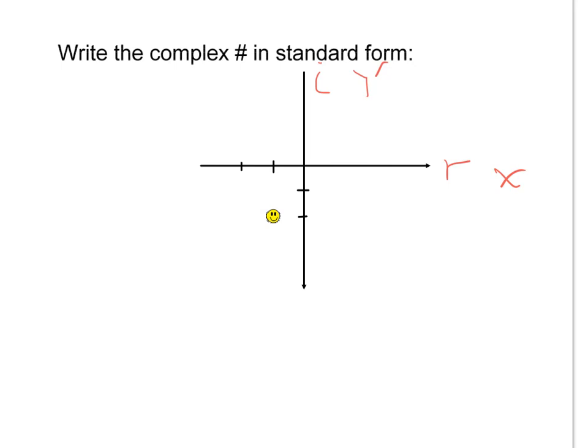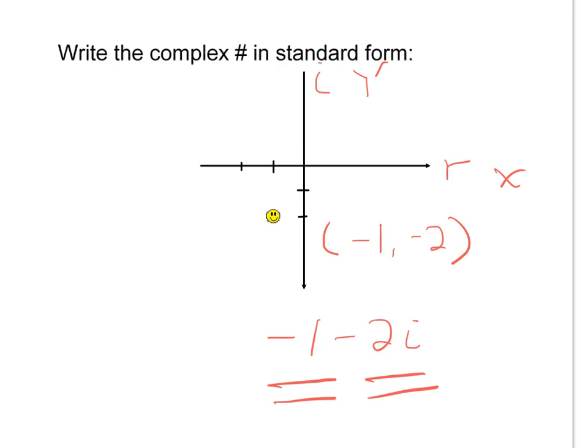Now my x are my real numbers and my y are my imaginary numbers. So this, as an ordered pair, would be negative 1 comma negative 2. If I wanted to state this complex number in standard form, this is going to be negative 1 minus 2i, where these are my real numbers and these are my imaginary numbers.